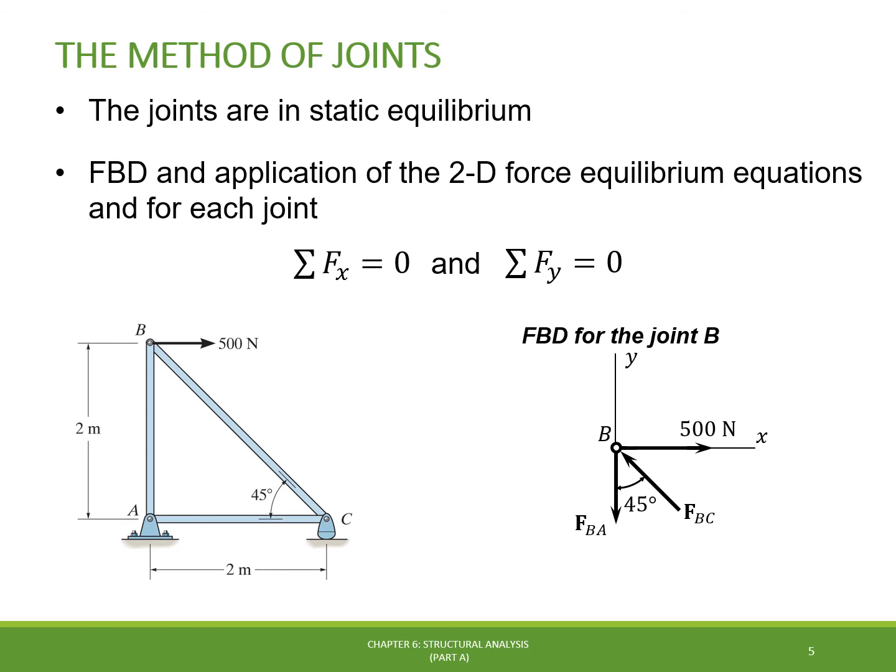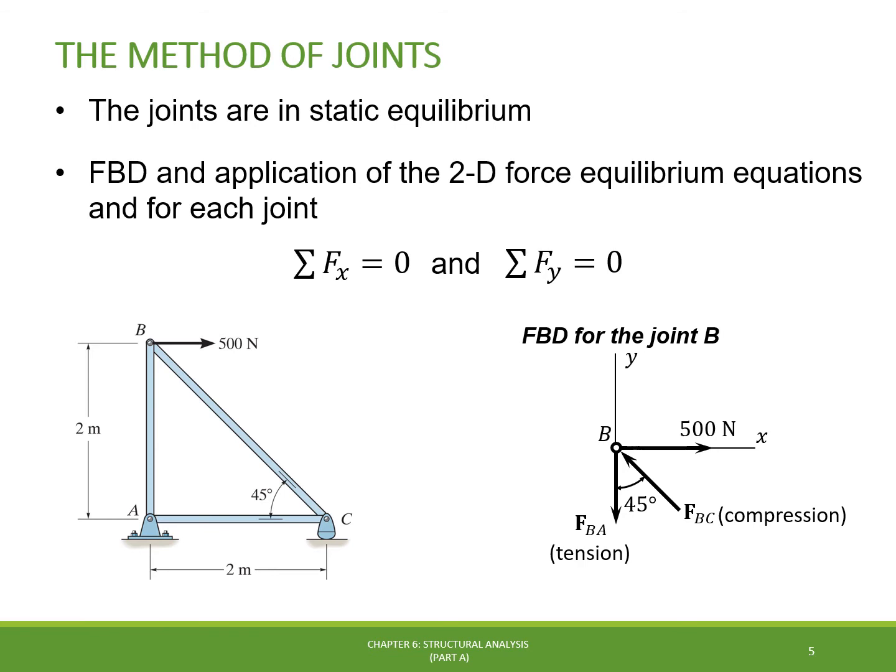This free body diagram shows that FBA is pulling on the pin, which means that the member BA is in tension, and FBC is pushing on the pin, and consequently, the member BC is in compression.